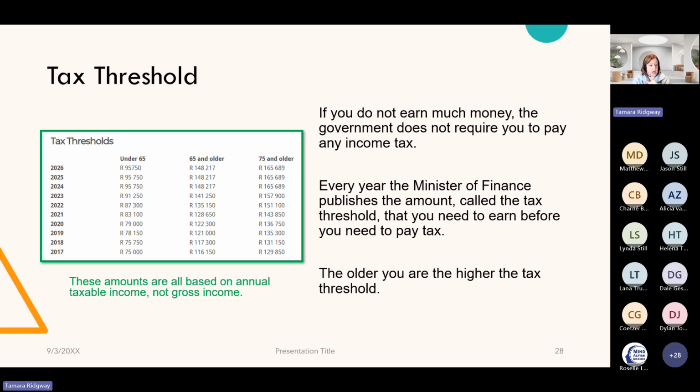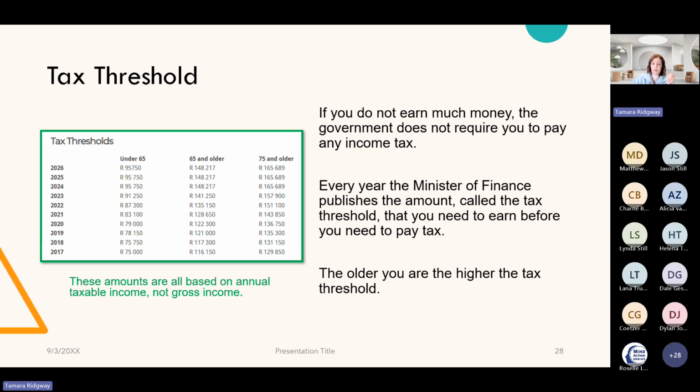Now, there's two things that I always draw my students' attention to when it comes to the tax threshold, and that is that the amount is in isolation. So it's one amount that you'll go to based on your age. That's it. Okay. And the other thing that I draw their attention to is that these amounts are all based on the annual taxable income.